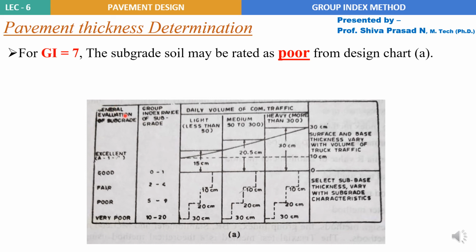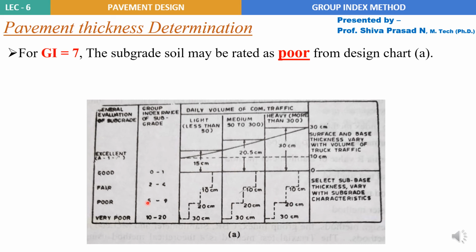We have this first column, general evaluation of the subgrade: excellent, good, fair, poor, very poor. That was based on the group index values 0 to 1, 2 to 4, 5 to 9, 10 to 20. So what is the value we have got? Group index is equal to 7. That comes in the range 5 to 9, and so we can say the subgrade soil is rated as poor from this design chart.